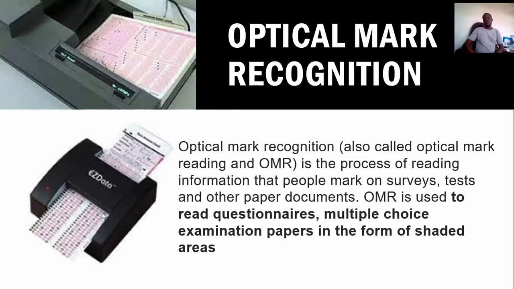While optical mark recognition is often used to mark multiple choice questionnaires. Some people who are writing exams, especially in some countries at the entrance exam, will likely have an exam paper of this nature, which they have to shade accordingly.